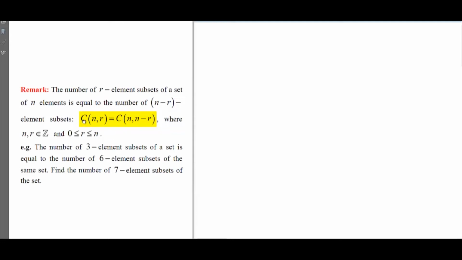If we want to calculate the combination of r chosen from n, it will be n factorial over n minus r factorial times r factorial. And to the right side, we have the combination of n minus r from n.